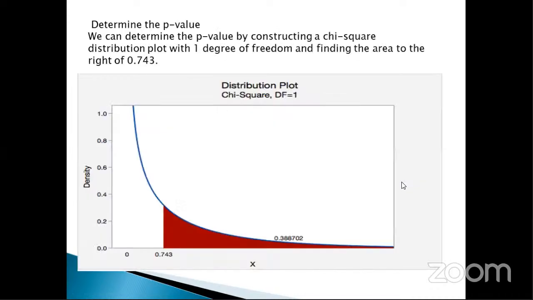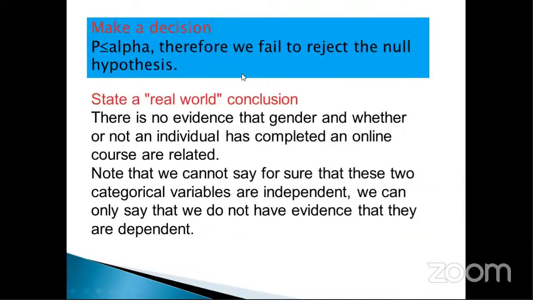So that is your hypothesis, and therefore you have to explain or state your conclusion based on the real world statement, the real meaning of what you have studied. So there is no evidence that gender and whether or not an individual has completed an online course are related.